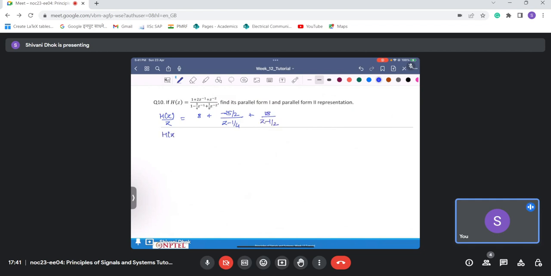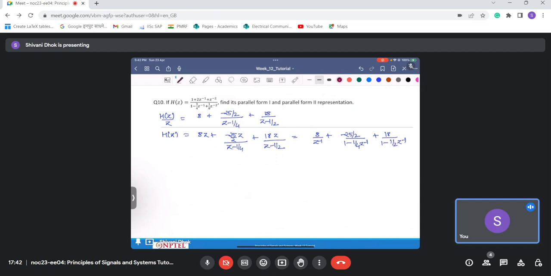So H(z) is equal to 8z plus minus 25 by 2 z upon z minus 1 by 4 plus 18z upon z minus 1 by 2. This I can write as 8 plus minus 25 by 2 upon 1 minus 1 by 4 z inverse plus 18 upon 1 minus 1 by 2 z inverse.